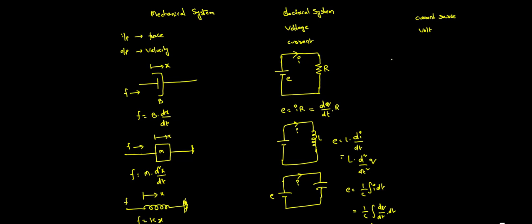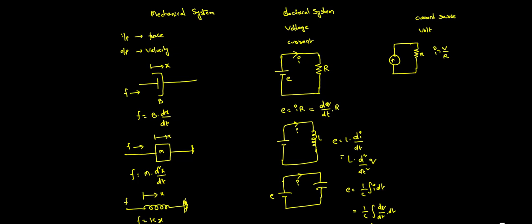Similarly, in the equation representation, the current source will be there instead of the voltage source, and we write the voltage across the element. So I is equal to V by R.